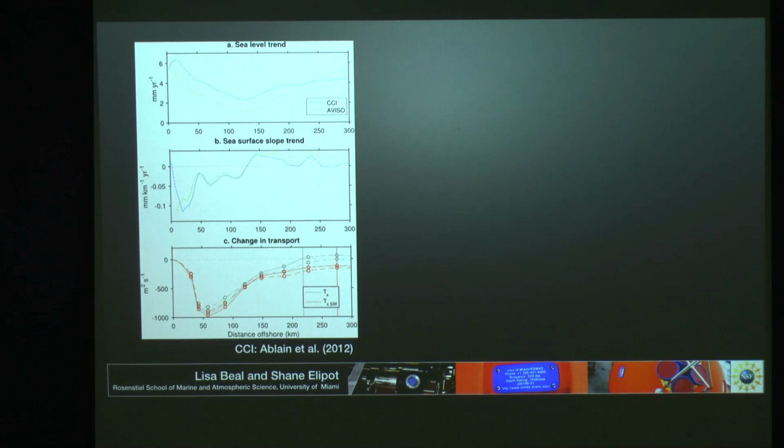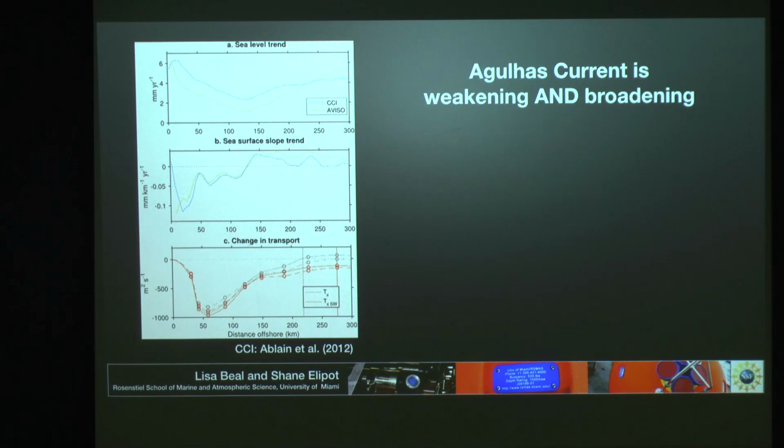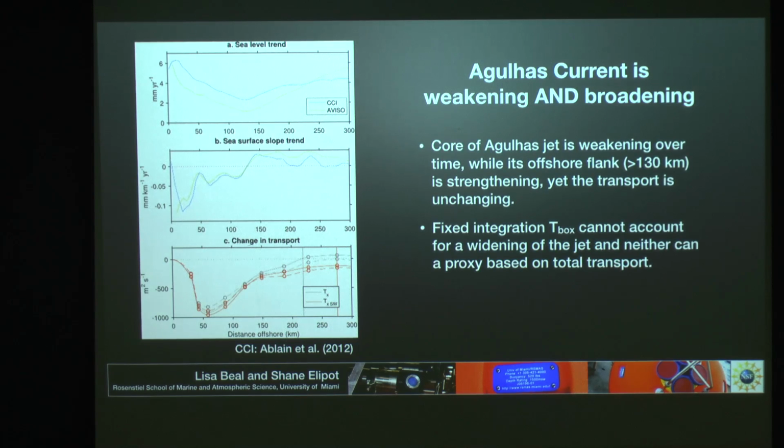So what you're seeing is a weakening and a broadening of the jet over time. So the Agulhas Current is weakening and broadening. It's not intensifying, it's weakening and broadening. The core of the jet is weakening, and the flanks of the jet, the slope is strengthening, with the transport unchanging.